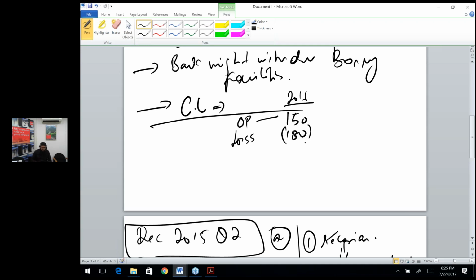So you have an opening cash of 150 and an expected loss of 180. Furthermore, you have a loan repayment of 350 which is due. In addition, if you have to support the supplier, you have to give 120 more.